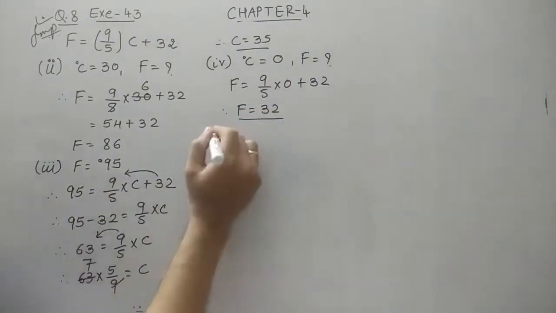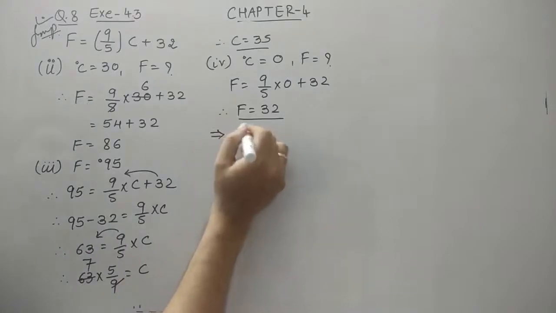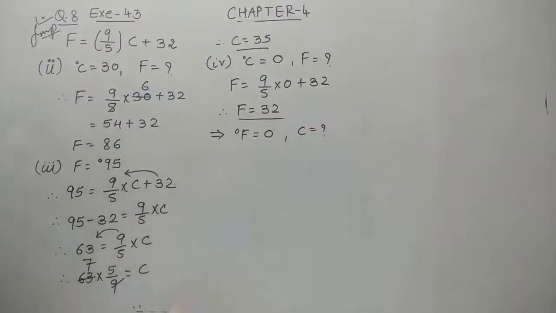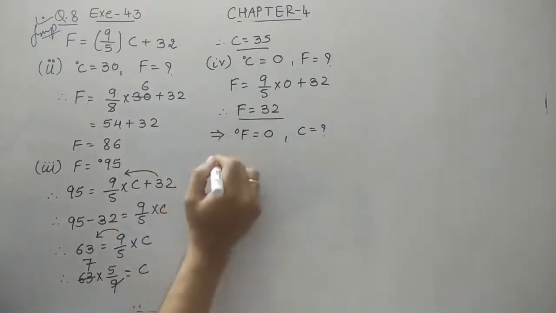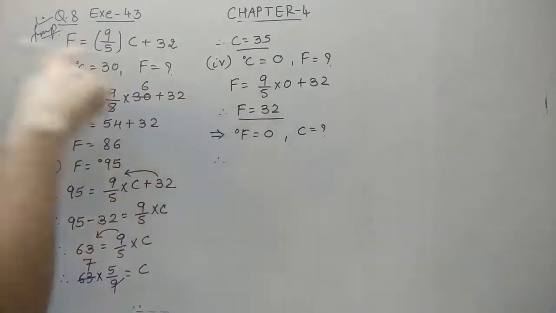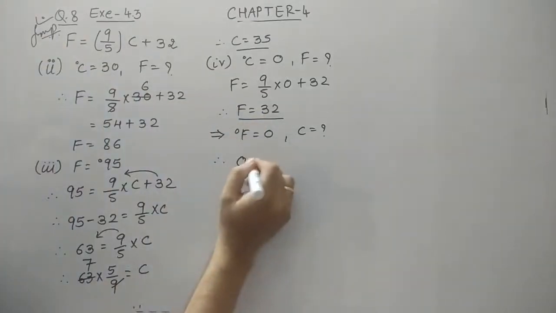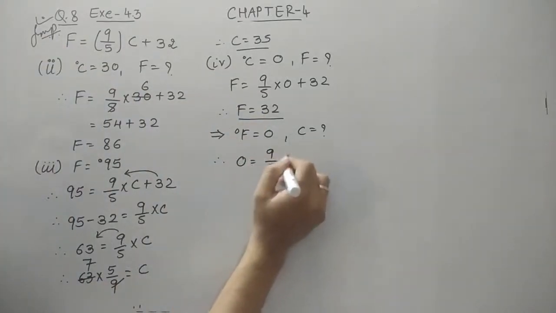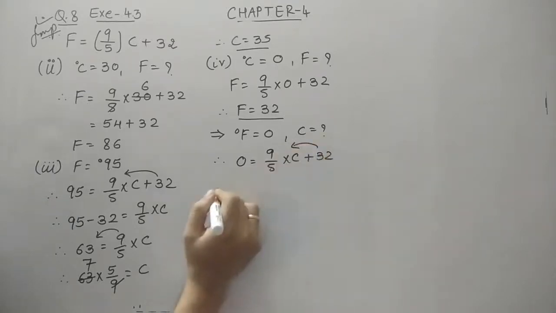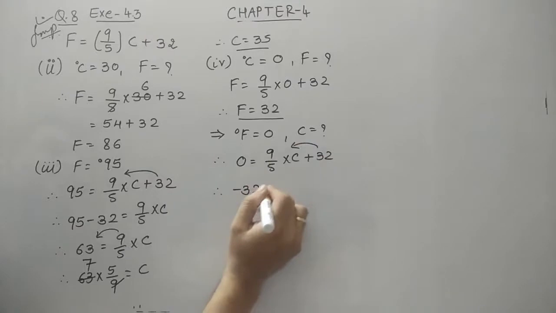One more is asked here. If we take degree Fahrenheit as 0 degree, then what will be the value of Celsius? So again we'll do the same thing. Now we will substitute F as 0 here. So 0 is equal to 9 upon 5 into C plus 32. First we need to take 32 to the left hand side, it will be negative.